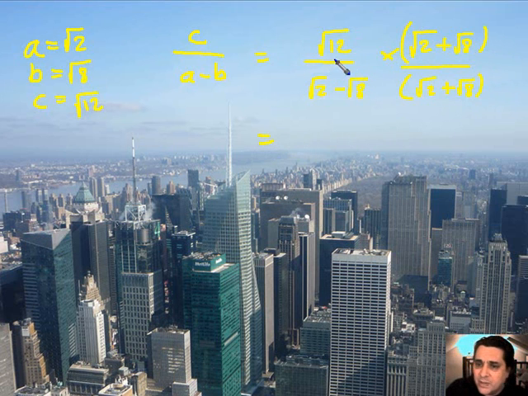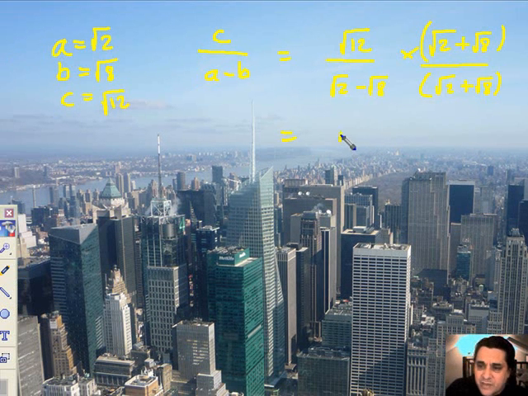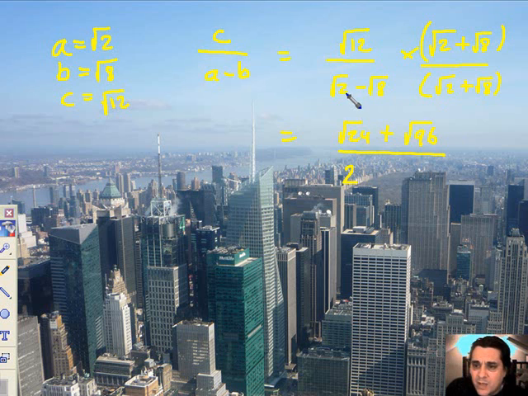Multiplying across the top. Just take a good look at this one, shall we? Root 2 times root 12 is going to be root 24, and that's going to be plus, what have we got? Root 96. Maybe I might have to go back and simplify it later, but let's just do that for now. Root 2 times root 2 is root 4, that's 2.